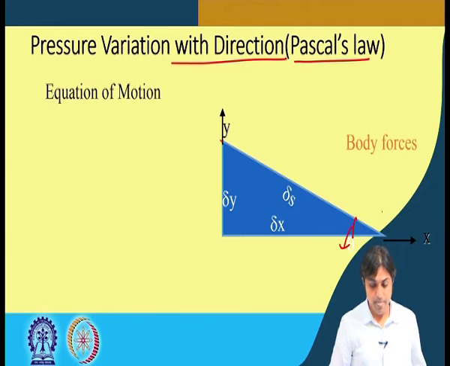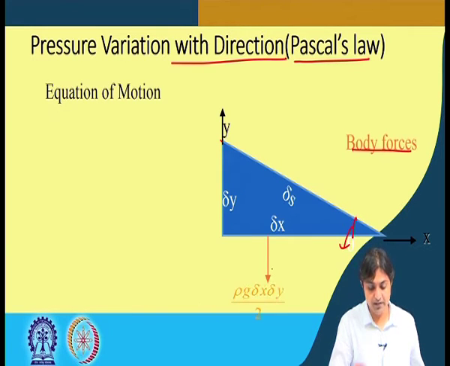What we say first, when we make a free body diagram, we need to have the forces. So the body force is, of course, we talked about gravity, so it's going to be the weight. What is going to be the weight? Very simple, it's mass into g. The mass can be written as rho into volume, right?